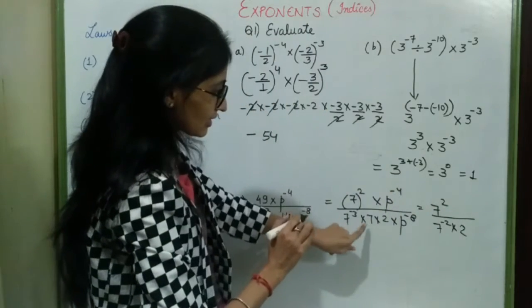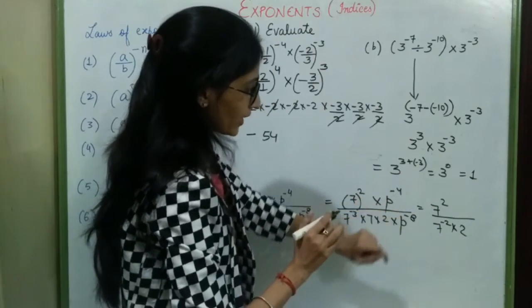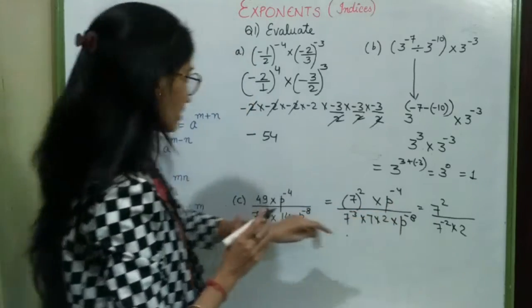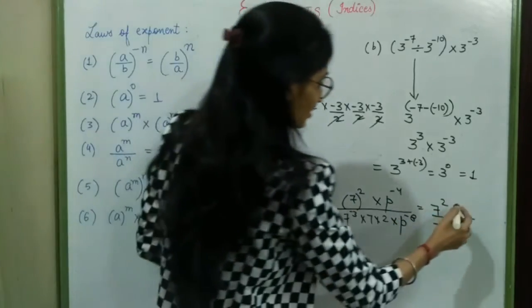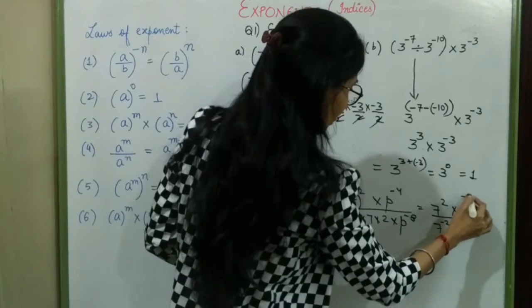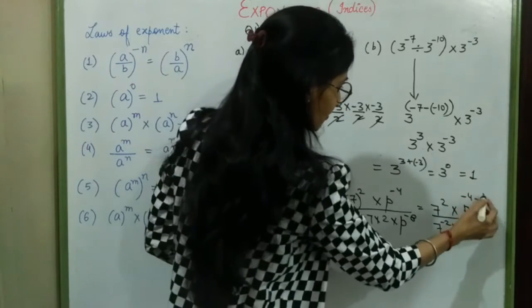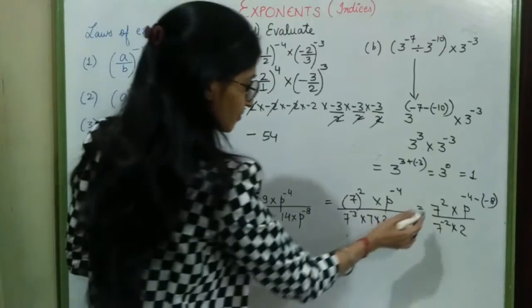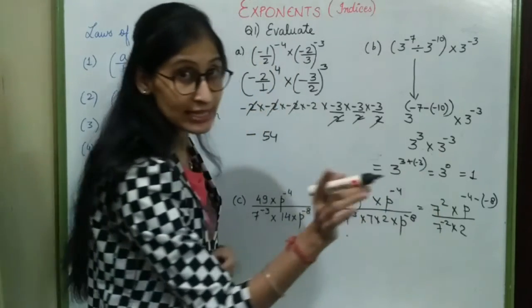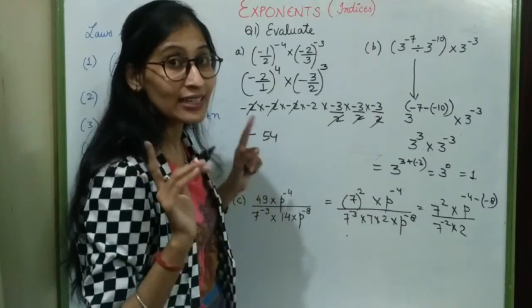In the next case, minus 4 minus 8, they are in division. So powers are going to be subtracted. So p raised to power minus 4 minus 8. Now next, 7 base is same and they are in division.